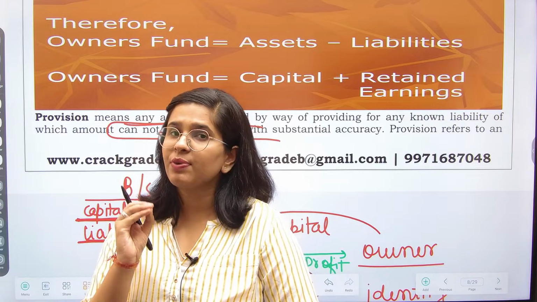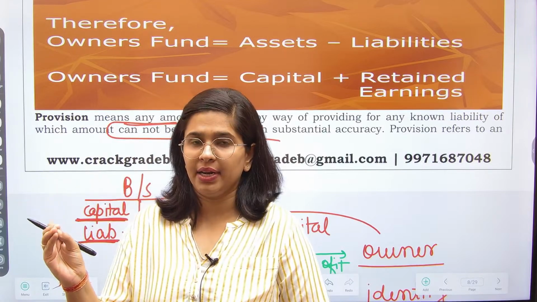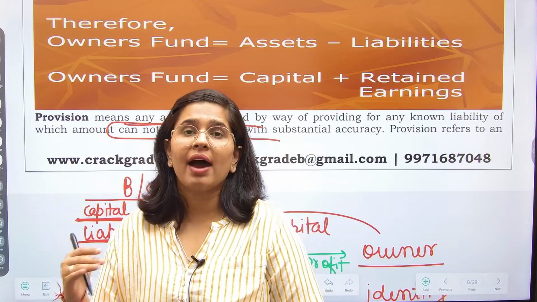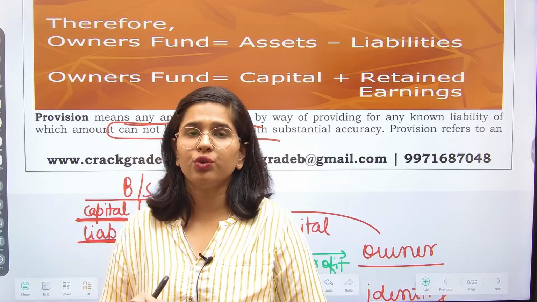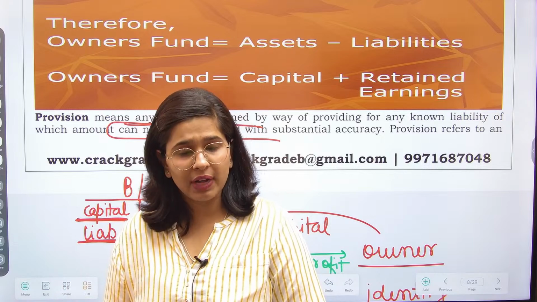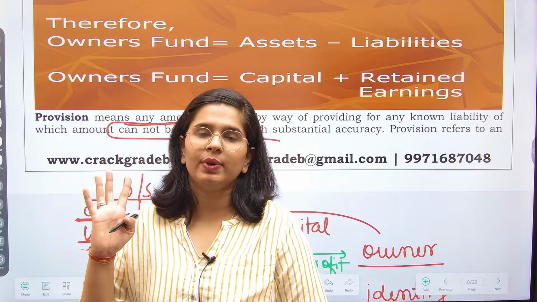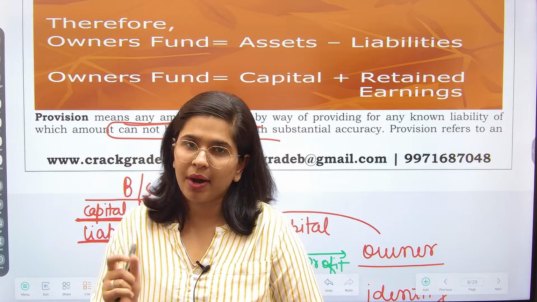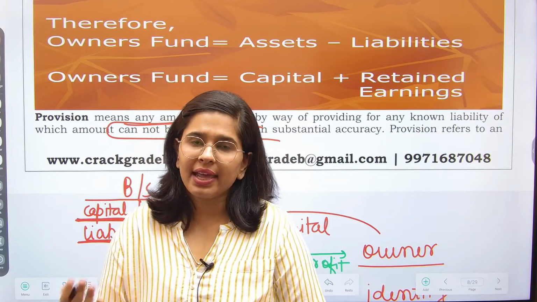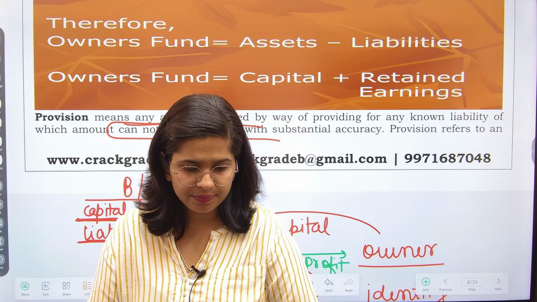So this is the difference between this and contingent liability. In contingent liability you have a doubt, but in provision you do not have any sort of doubt. You know that the liability is going to be there, but you are not aware of the exact amount. Fine. So you make an estimate for that.